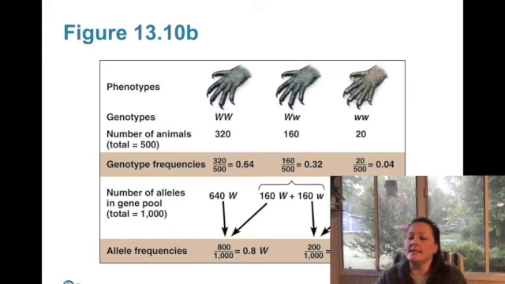And then you do the same thing with your little w's. And when you do that, you get 200. 200 divided by 1,000 will give you 20%. So this is how you figure out your ratios of 80% of these animals are going to have the dominant gene to pass on, and 20% will have the recessive gene.